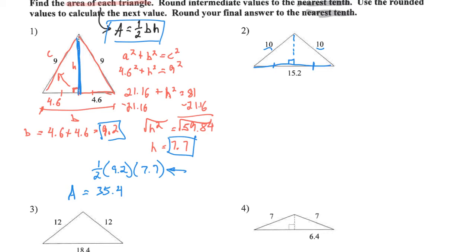So you just divide the 15.2 by 2, and each of those sides is going to be 7.6. Now the only reason you need that is so that you can use the Pythagorean theorem to find the height. So we'd have 7.6 squared plus h squared equals 10 squared.